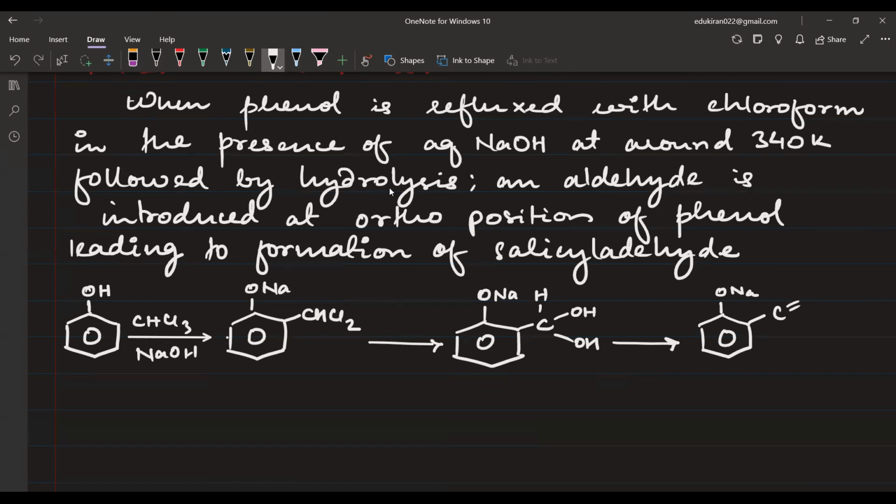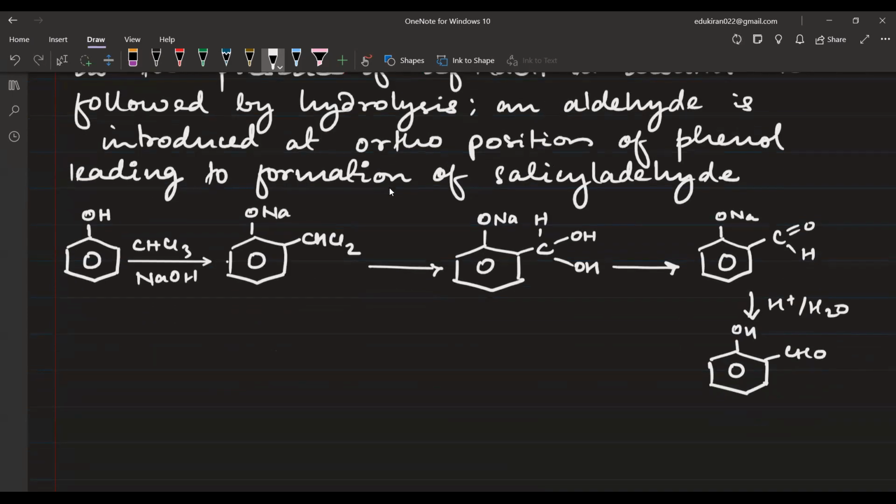So you'll have a carbon atom with a double bond to O, and there will be a hydrogen atom like this. Now further hydrolysis, that means we are going to add H plus in the presence of water. This Na will be replaced by H. OH and CHO. So this is salicylaldehyde.